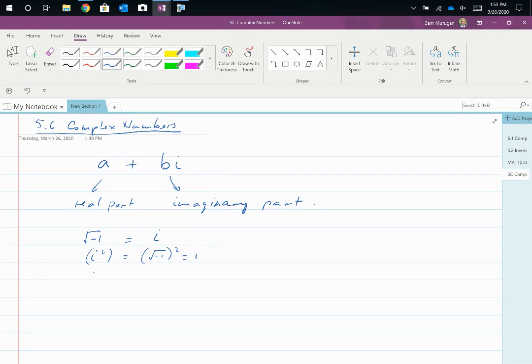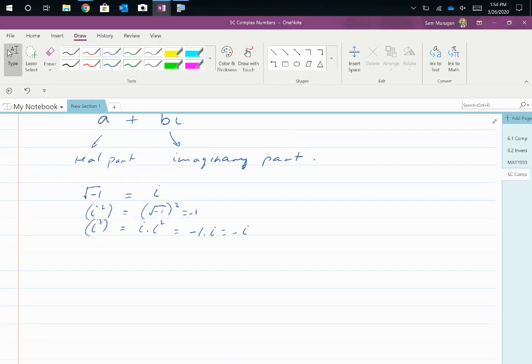And i cubed would be i squared times i, which is -1 times i, which is -i.